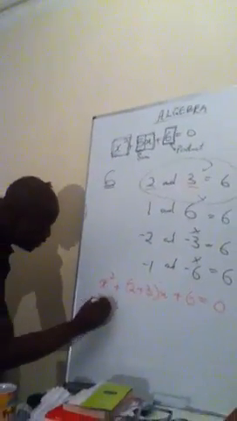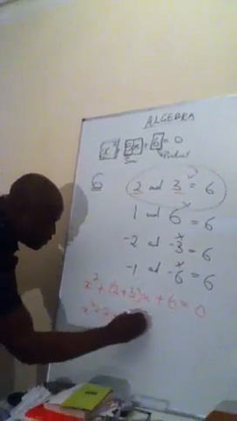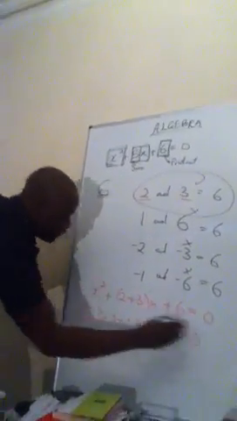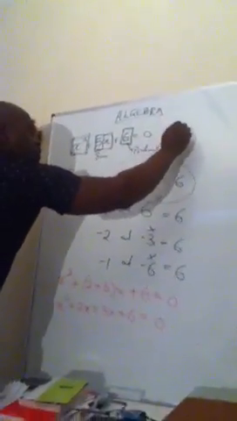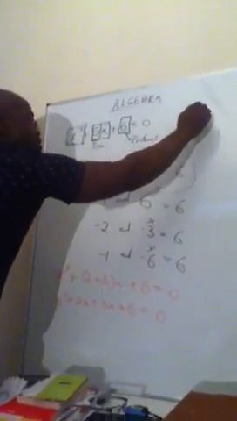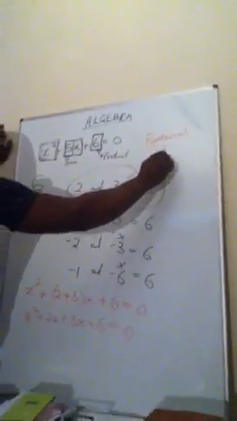Then we have x squared plus 2x plus 3x plus 6 is equal to 0. Remember what I said the other time, that we are solving by factorization, and factorization means introduction of brackets.